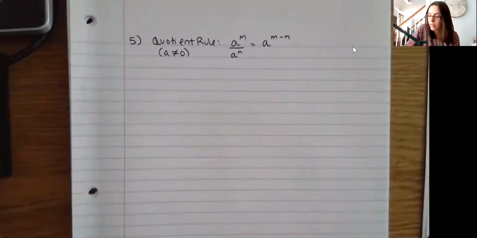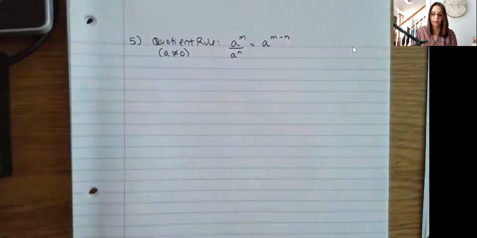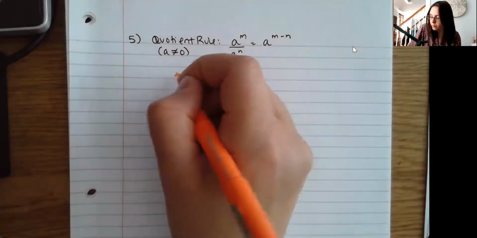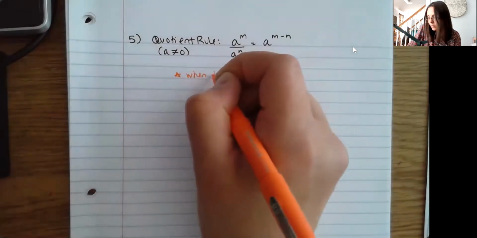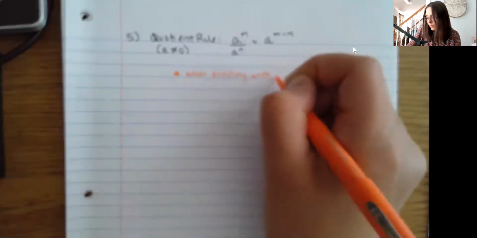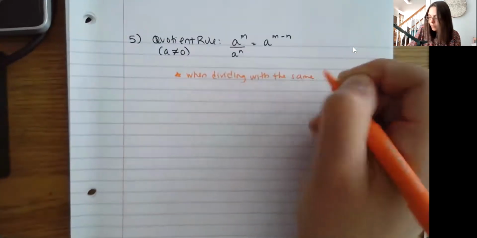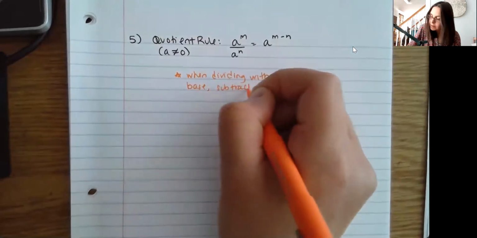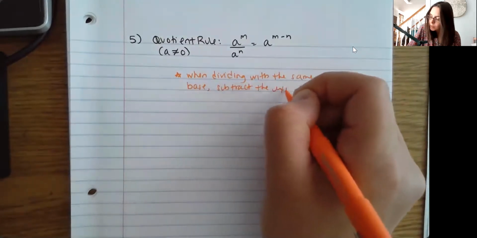Again, we just have to make sure that a is not 0, so we're not dividing by 0 here. So when dividing with the same base, we can just subtract the exponents.